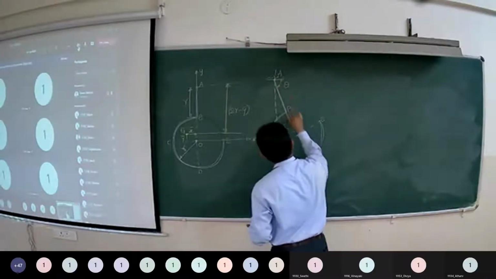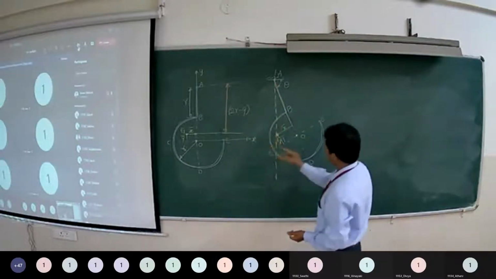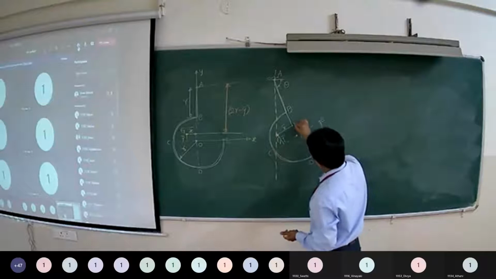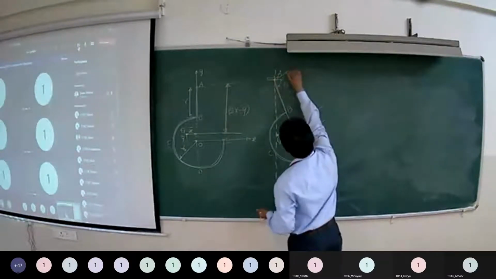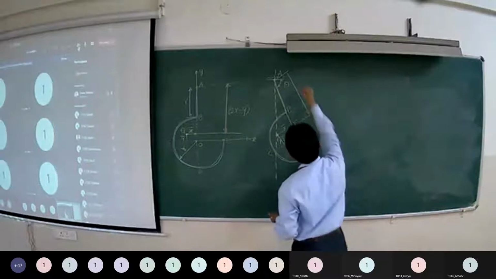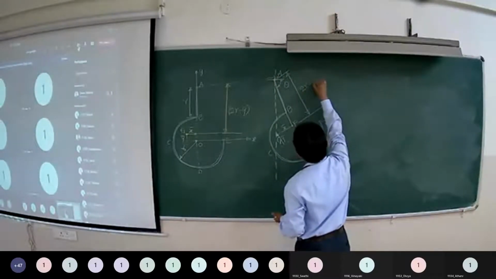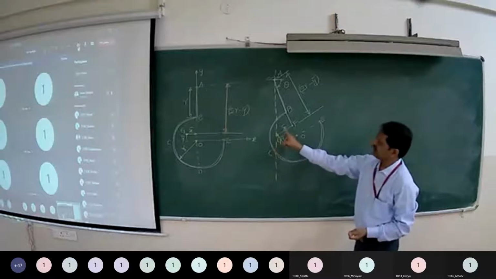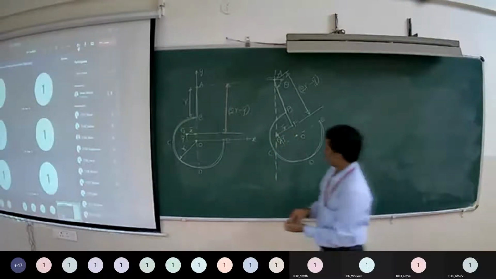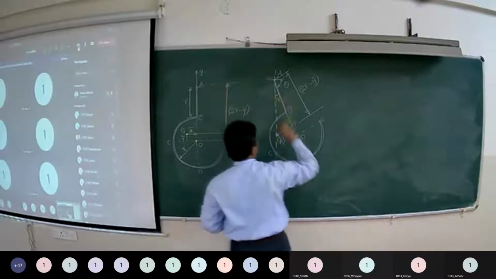Now considering this right angle triangle A, G and F, we have AF is 2R minus y bar and GF is nothing but x bar. So let us say this angle is alpha.